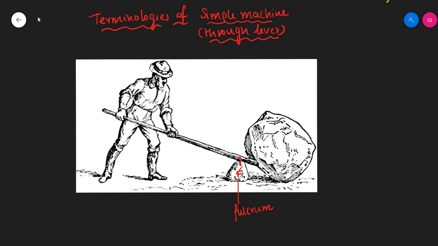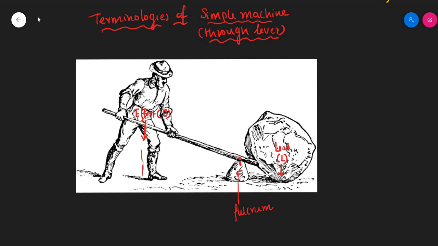So this is going to rotate around this point, and this here is your load, usually represented by L, and here is your effort, usually represented by E. So your load is like this, and your effort is like that.